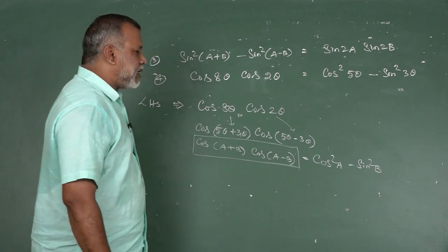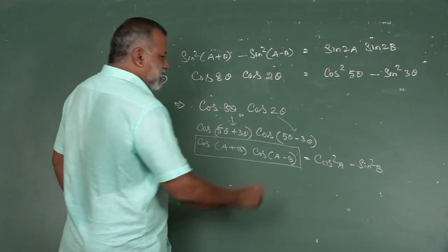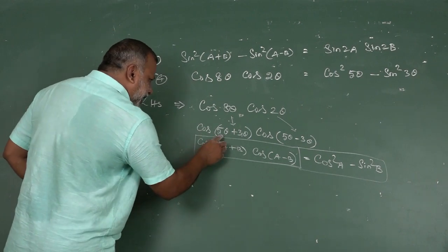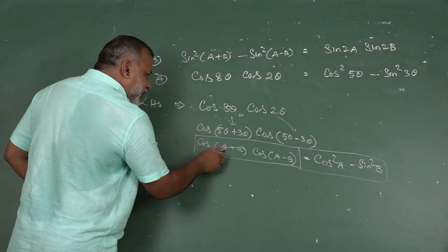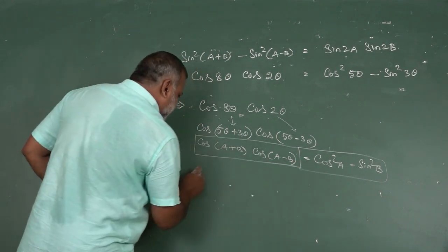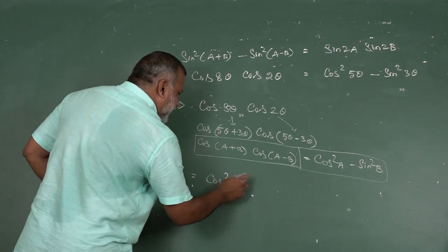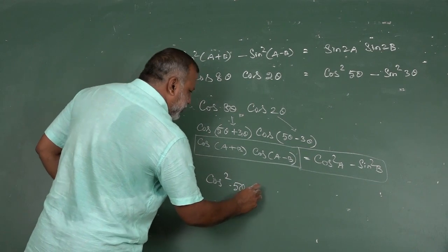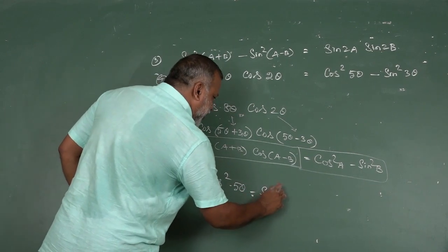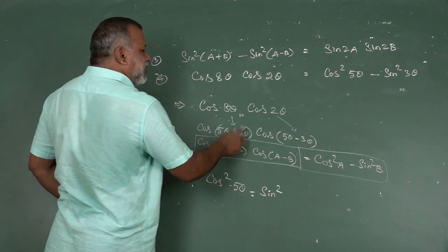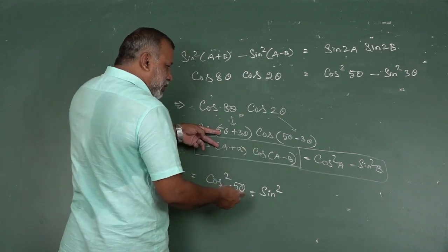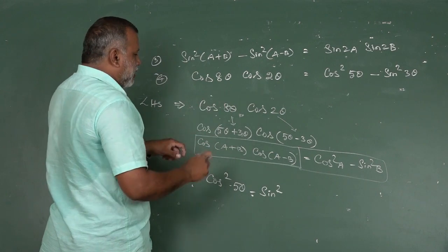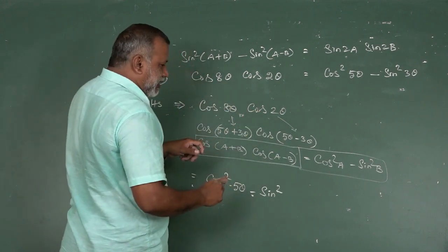Just as we proved. Now listen. Instead of a, what is the letter we are having? 5 theta. Therefore, cos squared a is replaced by 5 theta. Then minus sin squared. What is the value of b here? A is common, here also 5 theta. You should speak very confidently like that.